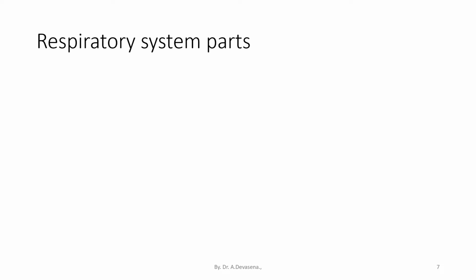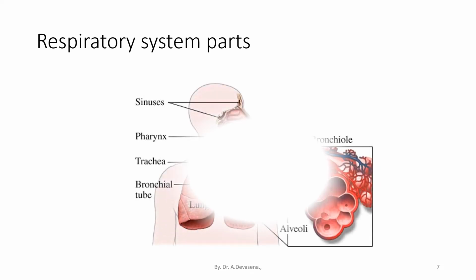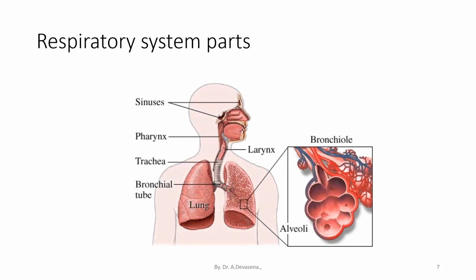Respiratory system parts are shown here. The respiratory system is divided into two parts. They are upper respiratory parts and lower respiratory parts. The upper respiratory parts include the nose, mouth, and the beginning of the trachea. That is the section that takes air in and lets it out.